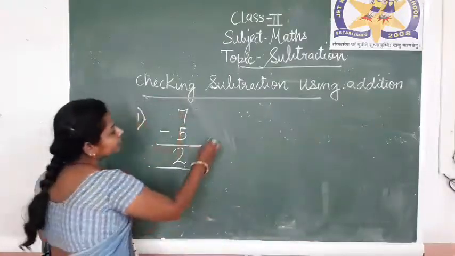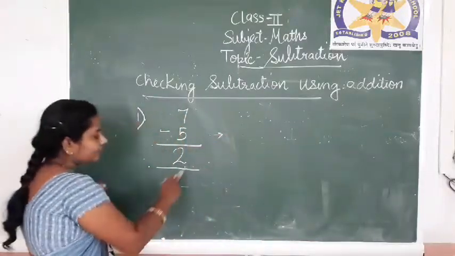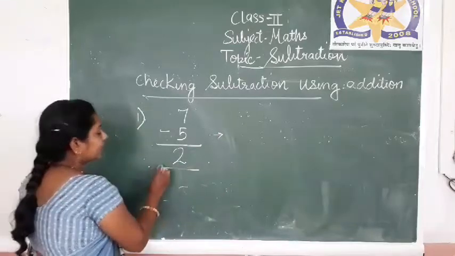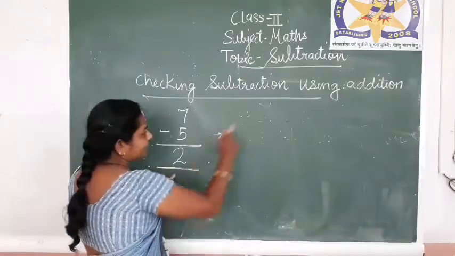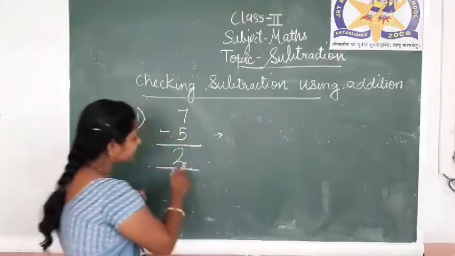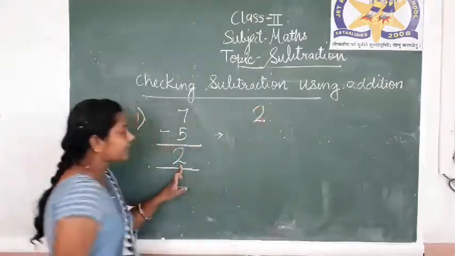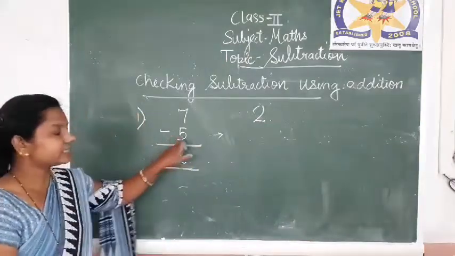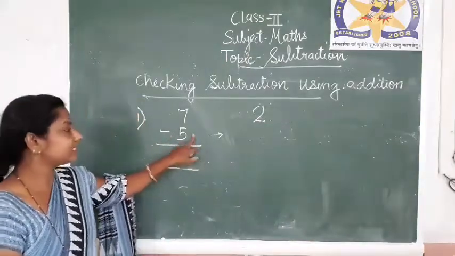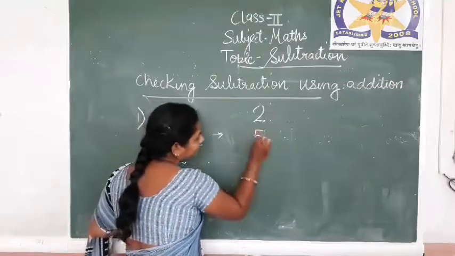How are we going to do it? See here. We are going to write down the difference at the top. What is the difference here? What is the answer? The answer is 2. Then what is the subtrahend? The subtrahend is the smaller number, that is 5. Write it down below.